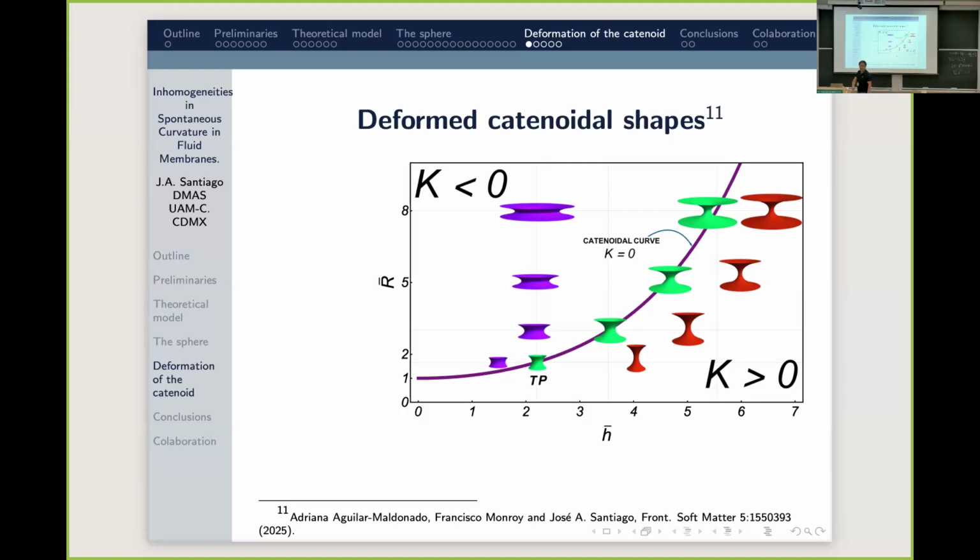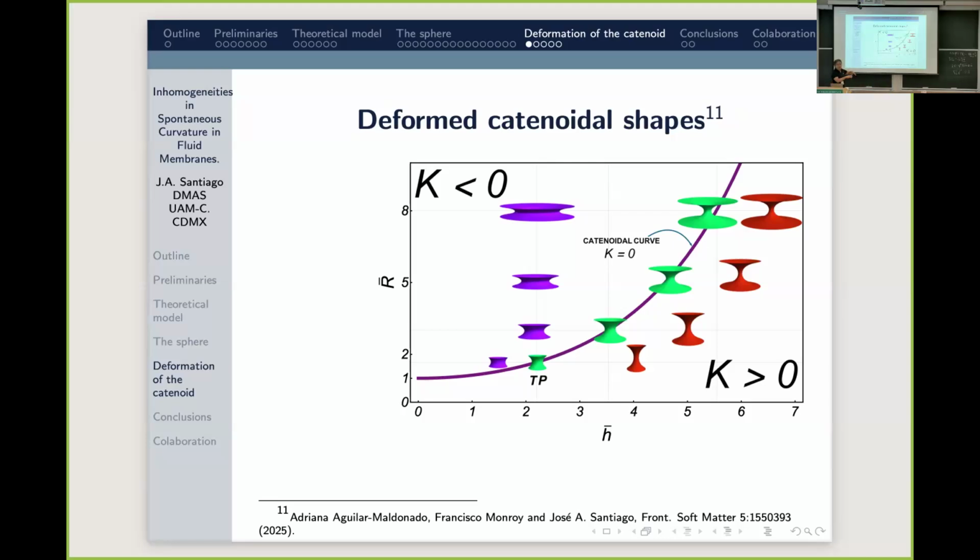This point is the critical catenoid. What we have asymptotically is to advance in this direction or in this direction on the catenoidal curve. But we can also fix the radius and advance in this way and we obtain the same critical catenoid along these points, this curve.